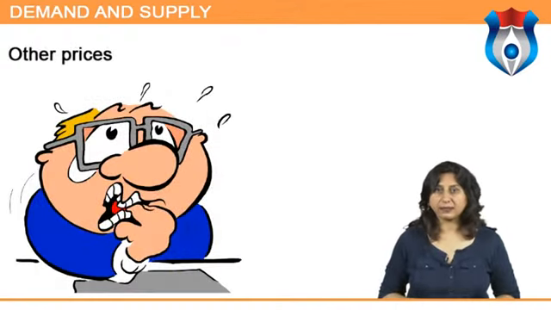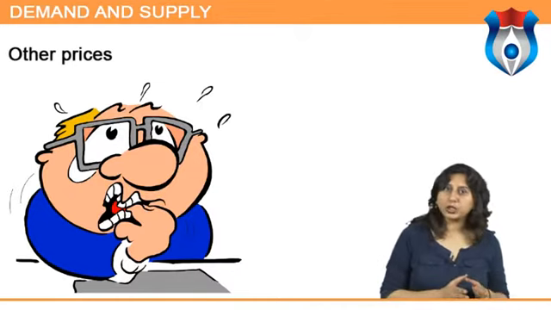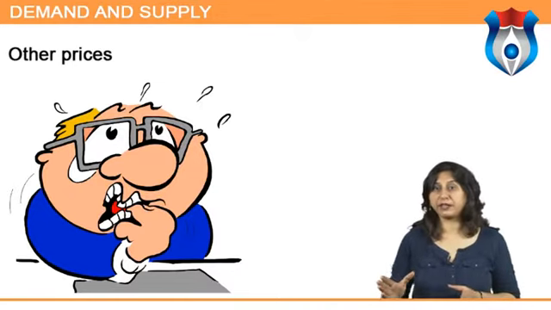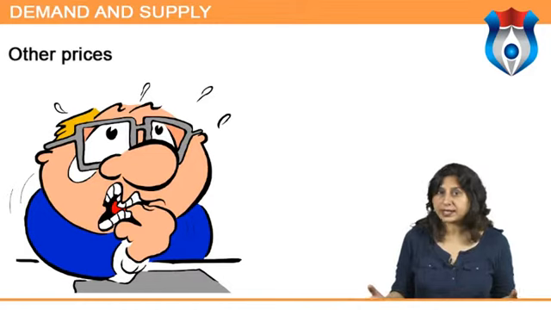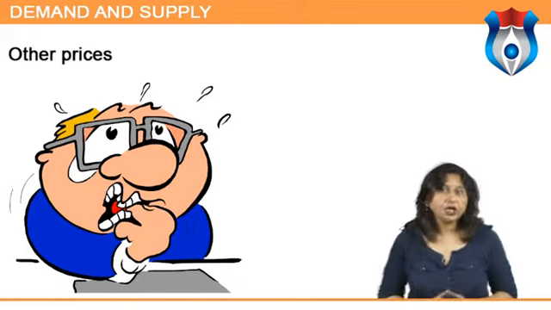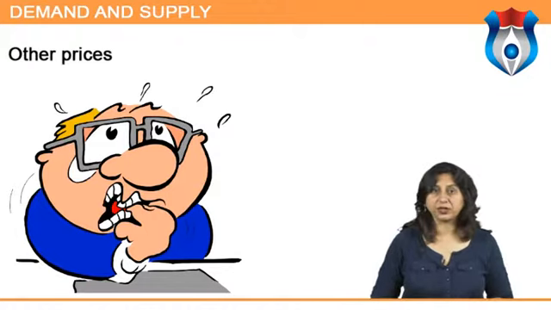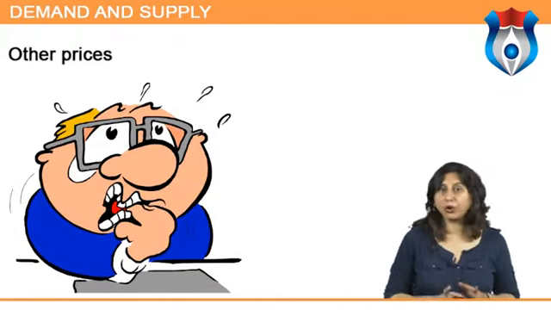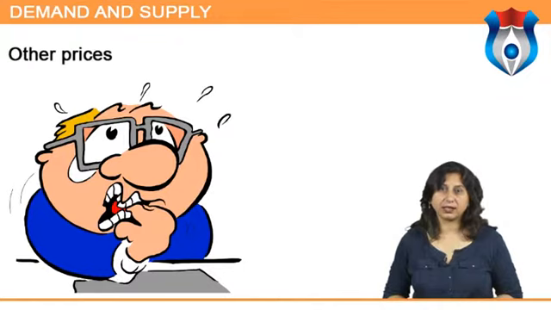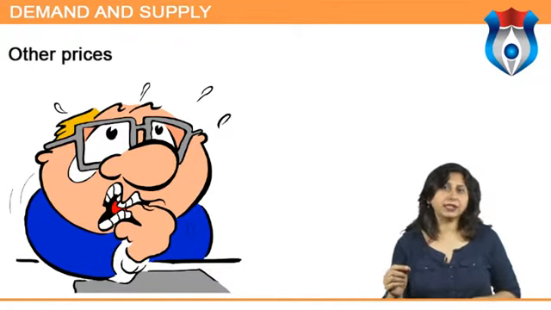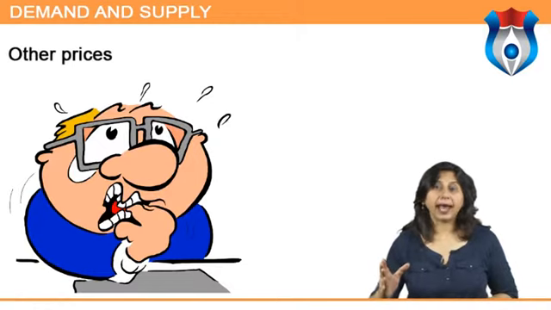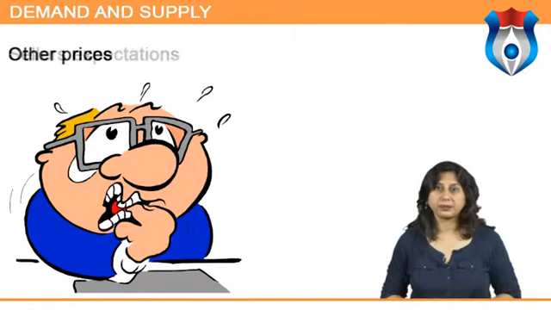Other prices. The supply of one good is based on the prices paid for other goods that use the same resources for production. A change in the price of a substitute good, or substitute in production, induces sellers to alter the mix of goods they sell. An increase in the price of a substitute motivates sellers to sell more of this good and less of the substitute good.